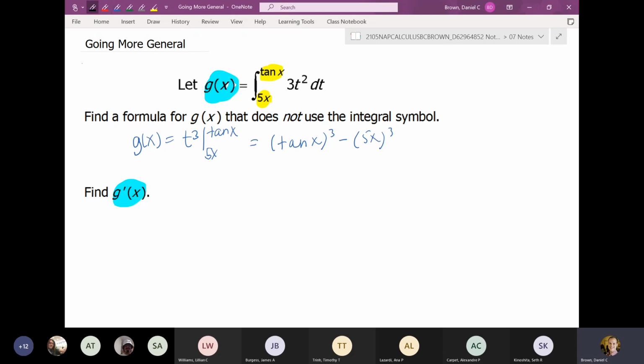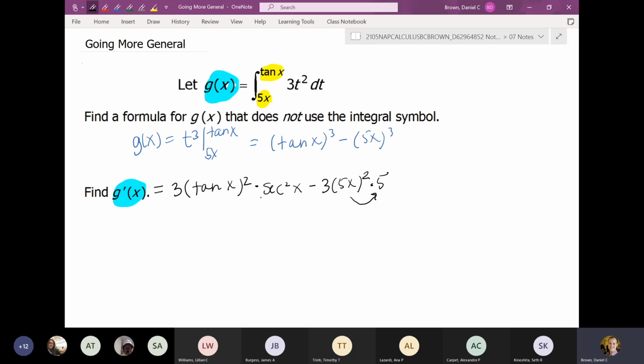Taking the derivative of this is the tangent cubed, so I'm going to use the chain rule. So I'm going to have 3 tangent of x squared, what's the derivative of tangent, secant squared of x, minus, I know I can write that 5x by distributing the cube. I'm going to do the chain rule just to kind of see the pattern. 3 comes down in front, 5x squared times the derivative of 5x, which is 5.